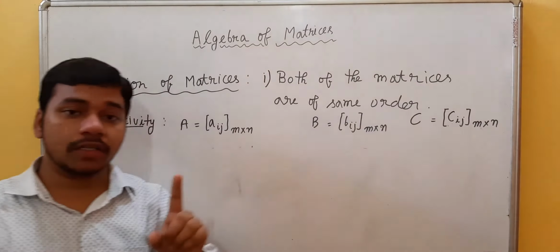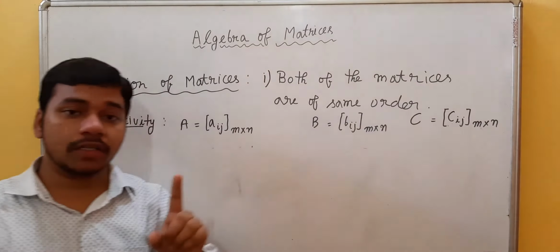So to check the associativity, A plus B plus C, right? Aij plus Bij plus Cij. So first of all, solve the bracket.